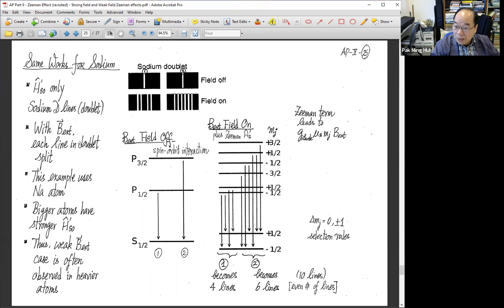So this is the situation. I use sodium as the example. Without the magnetic field, we have this yellowish doublet. But now, turn on the magnetic field, not so strong a one. This goes into this, this goes into that. Okay? And this is the case. You can observe this in sodium more clearly than in hydrogen.